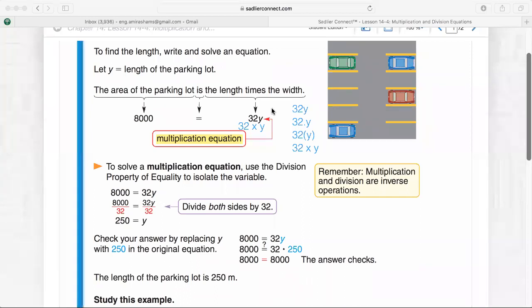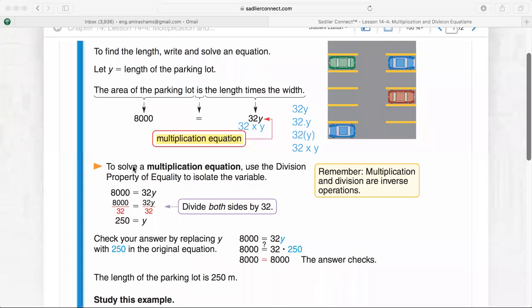Isolate means to keep the variable on one side, to keep it alone. If I do the inverse by the variable, it will cancel the variable. So I have to do the inverse of the operation by the number next to the variable. It is multiplied by 32, so what is the inverse? Divide by 32.